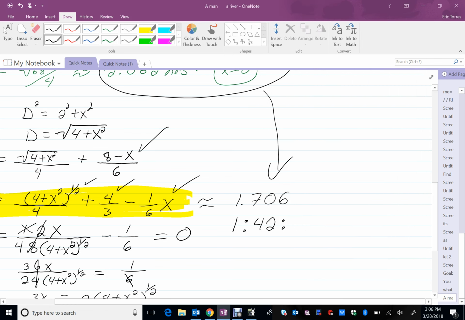We'll round to the nearest second. So the fastest conceivable time is 1 hour, 42 minutes, and 22 seconds for him to make this trip.